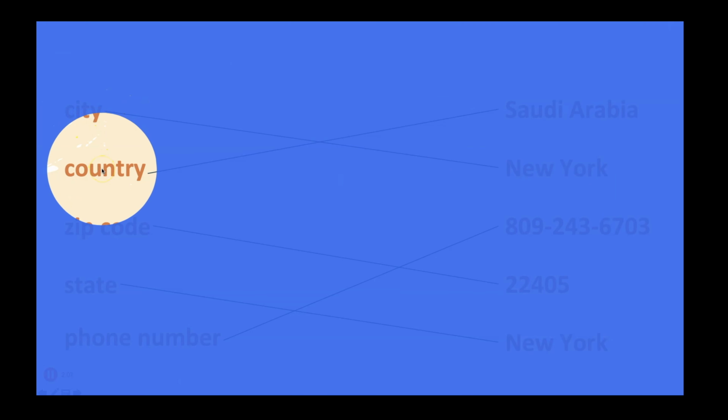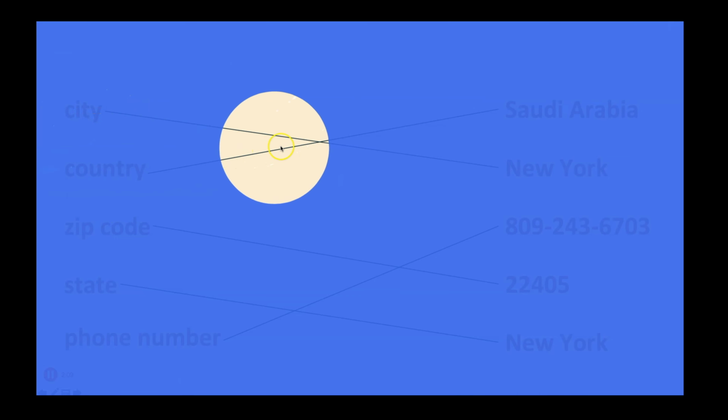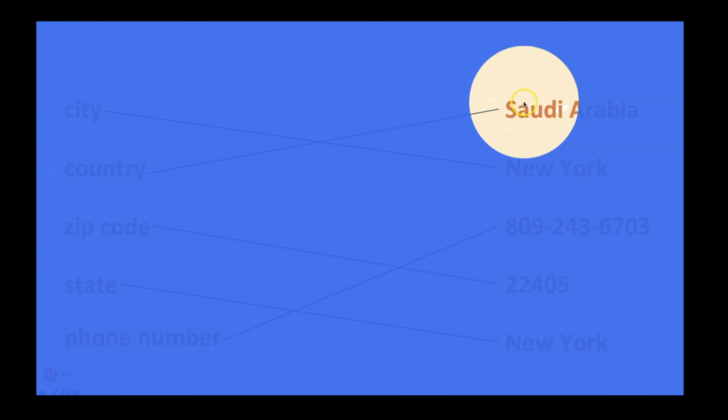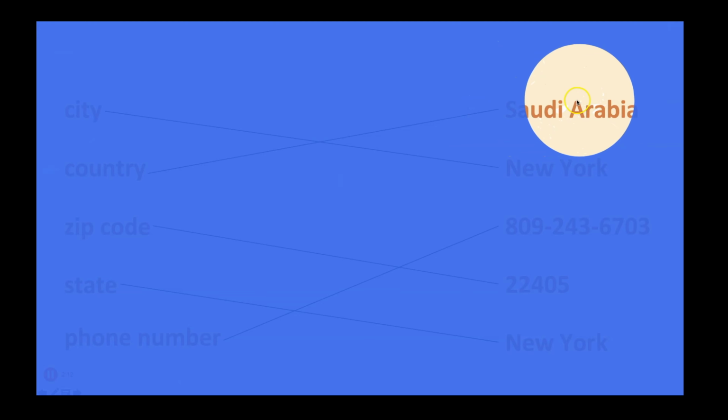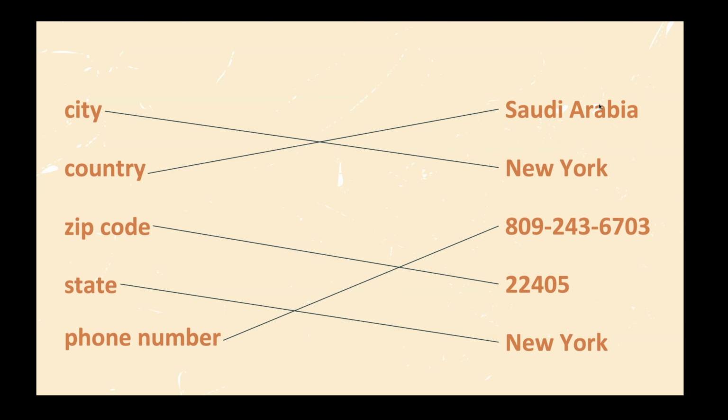Then country. Saudi Arabia is a country. Also, the United States, Spain, Ghana, Russia, Canada, Japan, China, those are all countries.